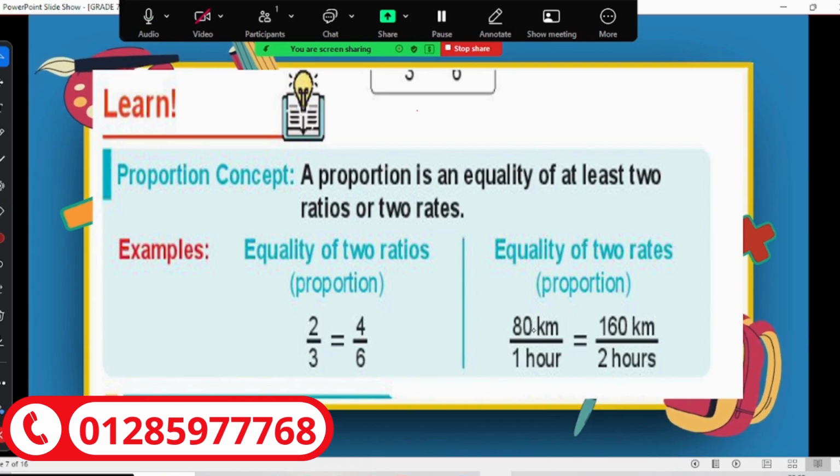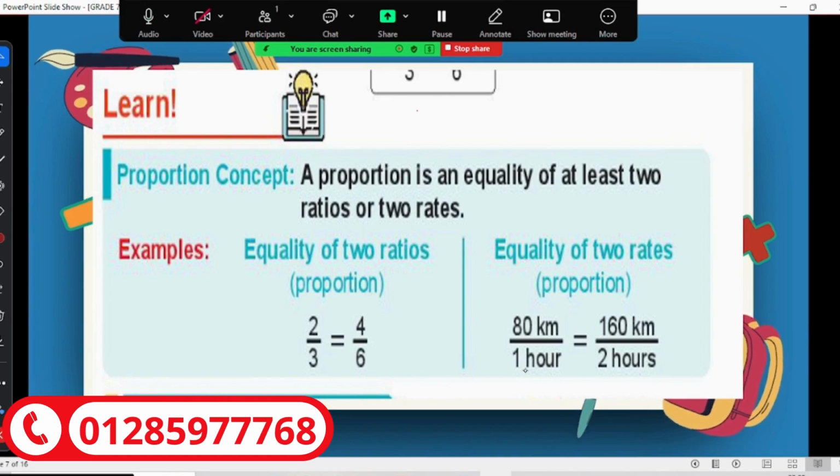Rate means we compare between two quantities with different kinds or with different units. The first quantity, 80 kilometers, is a quantity of length, and the second quantity, 1 hour, is a measure of time. And the second rate in the same units is 160 kilometers per 2 hours.